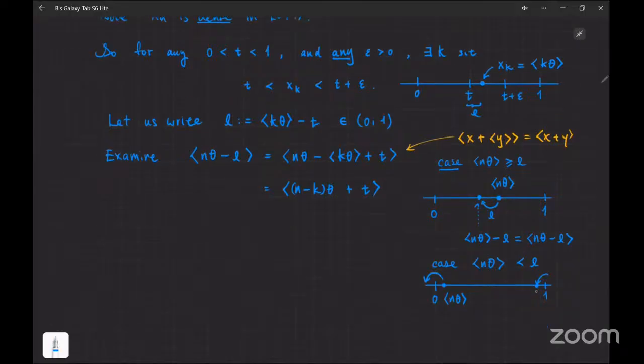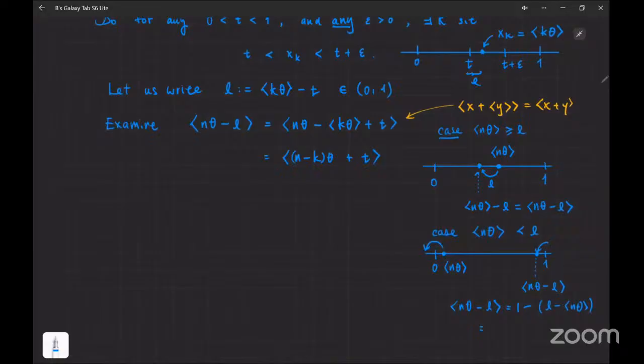So this point right here, we know that the fractional part of n theta minus L is equal to 1 plus the fractional part of n theta minus L. Okay, so that's the second case.